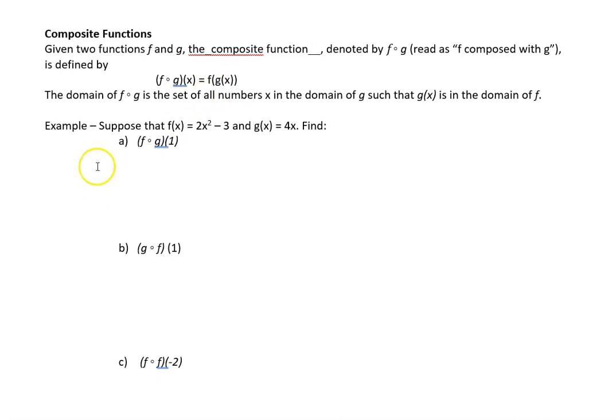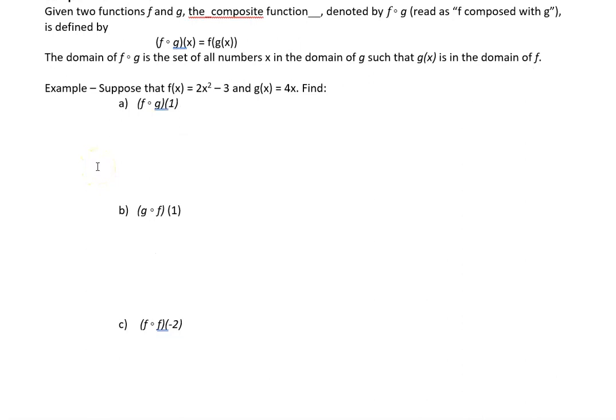So let's start with one of the simplest ways to compose two functions, and that is composing them when we are given a numerical input for the first function. So let's suppose that we have f of x equals 2x squared minus 3, and g of x is equal to 4x. We want to find first f composed with g of 1.